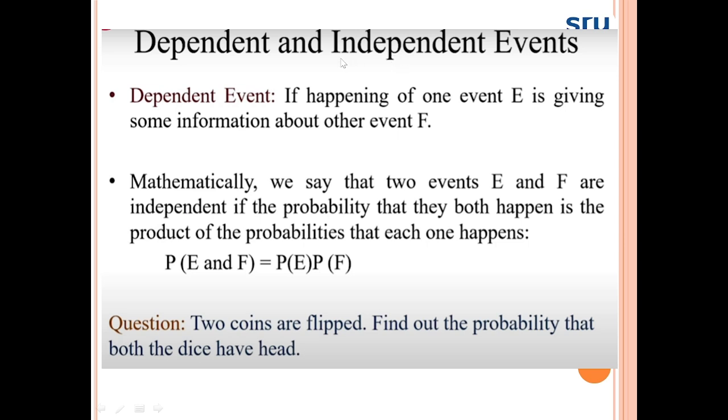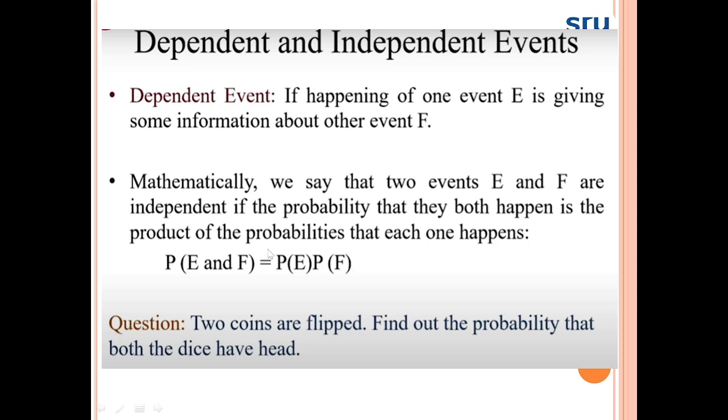So here this equation is used as the multiplication rule. Now, dependent and independent events. For dependent events, the happening of one event gives some information about the other event. How can we represent this with mathematics? Suppose that two events E and F are independent if the probability that they both happen is the product of the probabilities that each one happens.